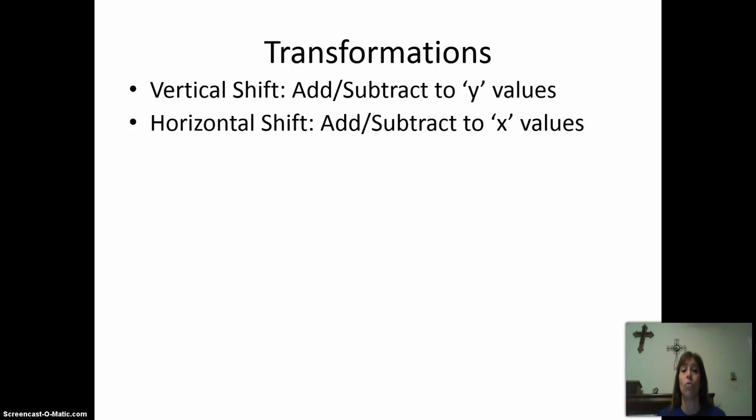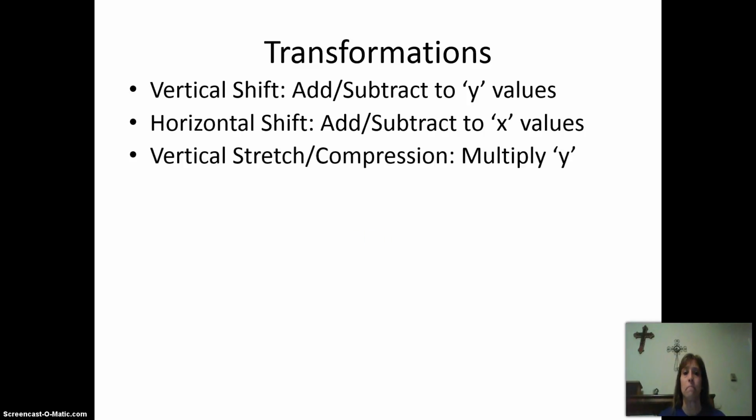Now, whenever you do a horizontal shift, you're doing the opposite of whatever it tells you, and it's inside the parentheses because it's affecting the x. If it's a vertical compression or stretch, you multiply the y number.